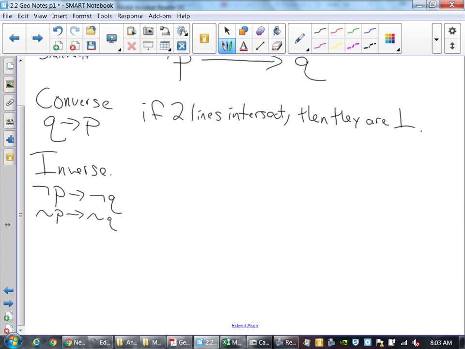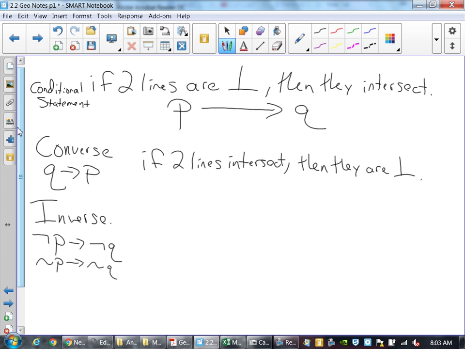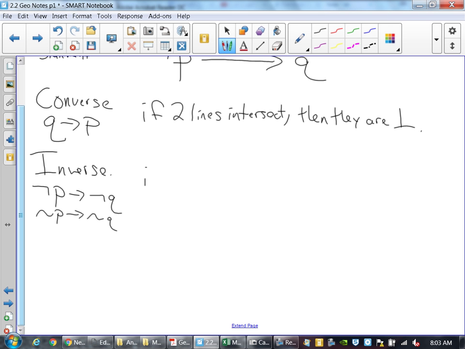So what we do here is we negate our original statement: not P implies not Q. So if two lines are not perpendicular, they are parallel, then they do not intersect.